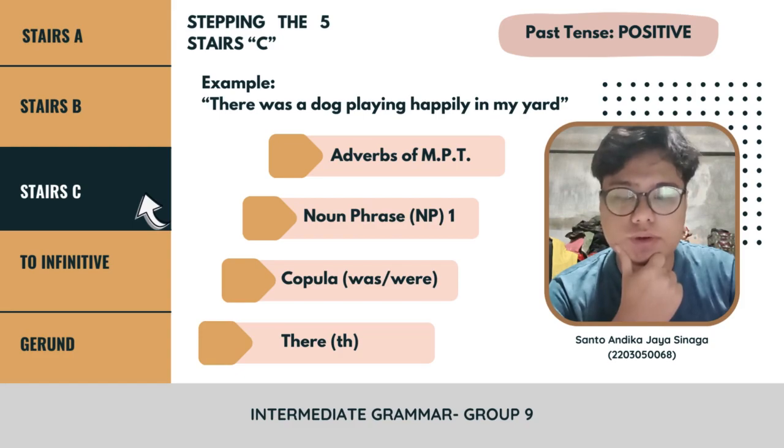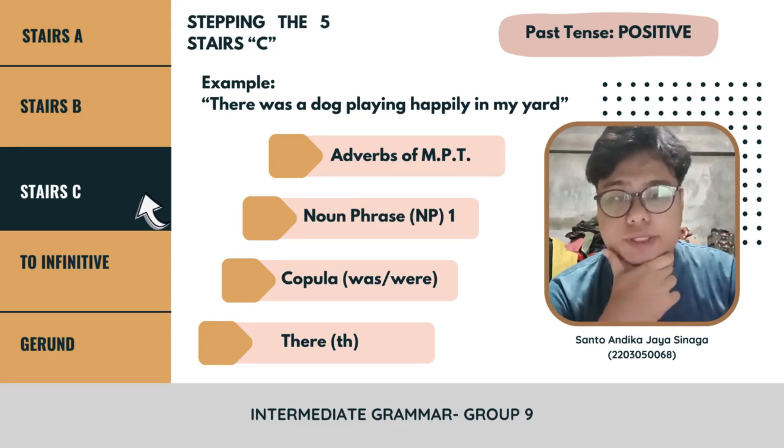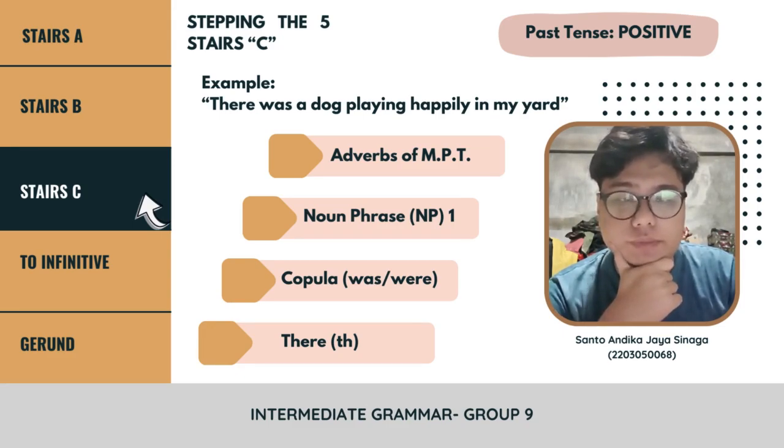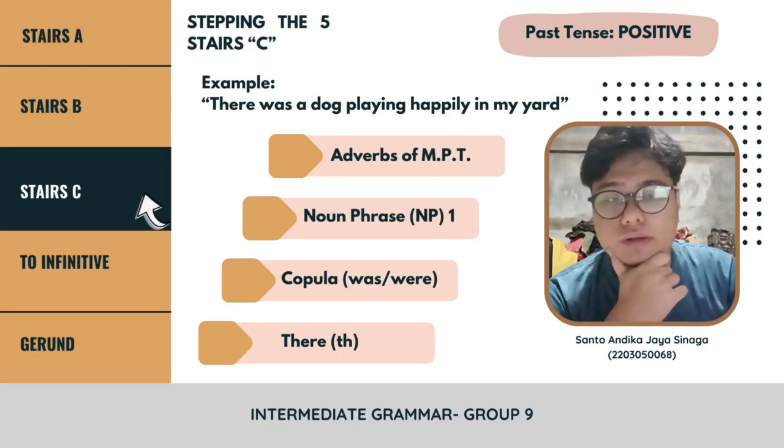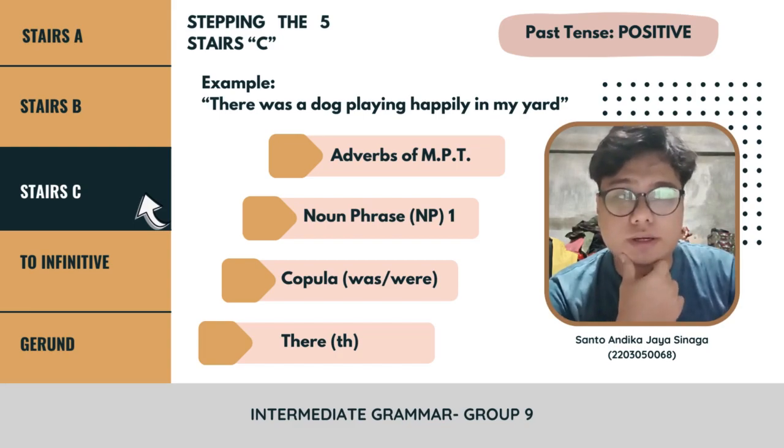We use was and were for the copula, then the noun phrase one, and the last step is the adverbs of MPT. Here is an example of a positive sentence in past tense: there was a dog playing happily in my yard.